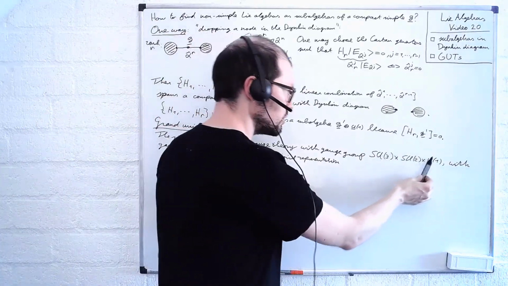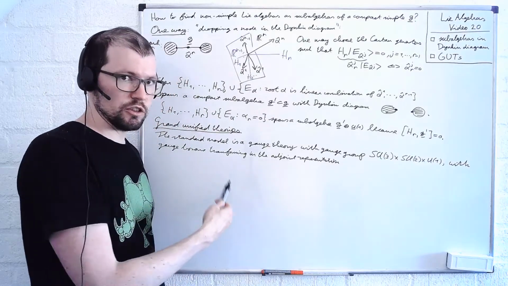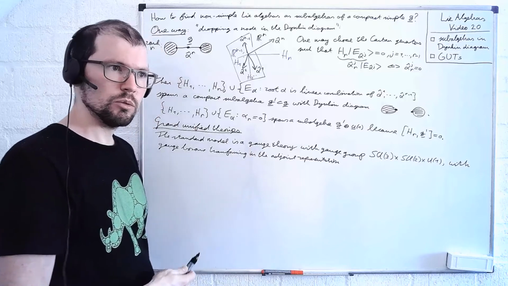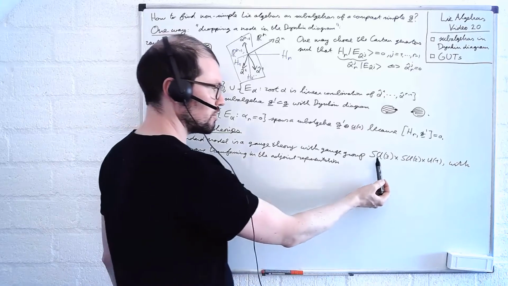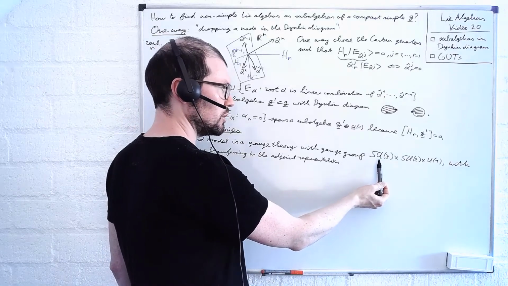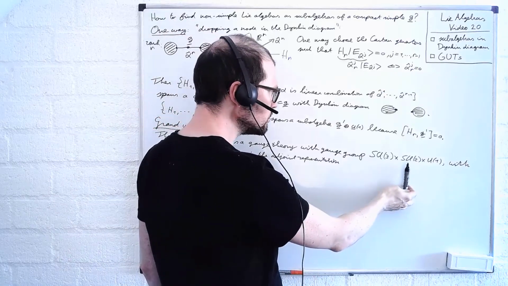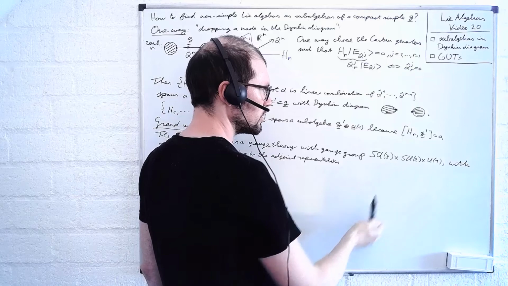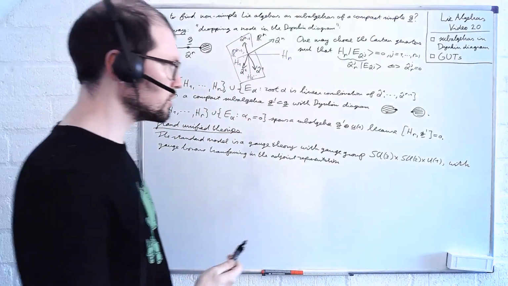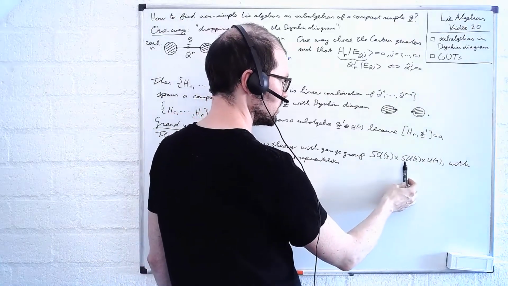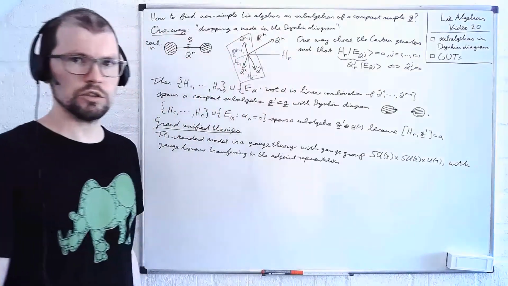So now, since we understand that the dimensionality of the adjoint representation is just the dimension of the Lie group, we can now understand how many gauge bosons there are. So for SU3, that is an 8-dimensional Lie group, so there must be 8 gauge bosons. So these are the 8 gluons. Then SU2 is 3-dimensional, so there are the 3 vector bosons, if you like, the Z and the W minus and W plus. And then U1 is 1-dimensional, and the gauge boson is of course just a photon.